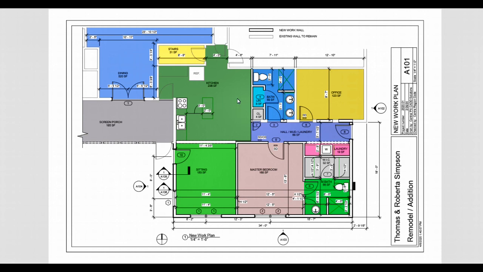Real quickly, just to look at this kitchen, a lot of times what I'll typically do is I'll show the appliances and I'll show countertops. So like this darker green line represents the island and the countertops within the island, and the spacing in between the countertop here where the kitchen sink and stove are and where that island is.